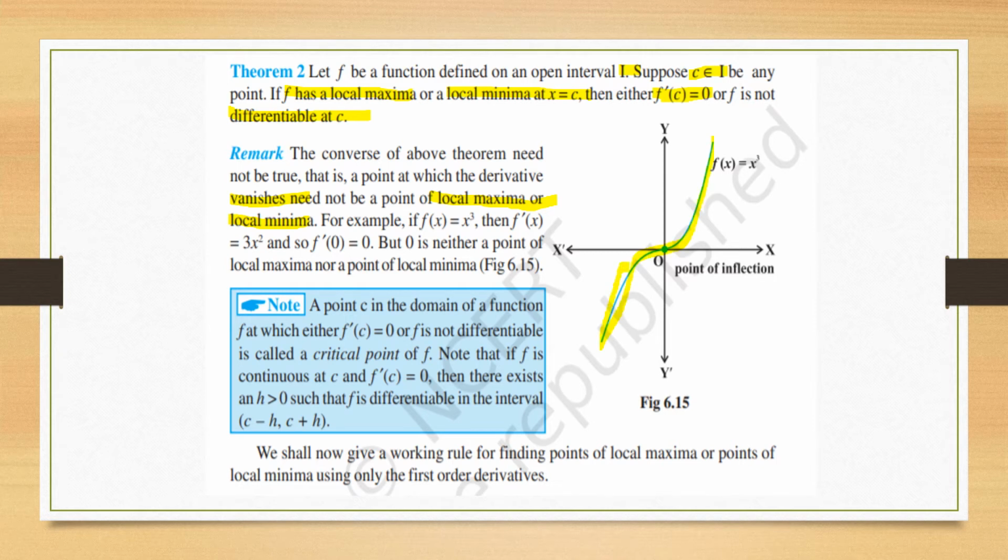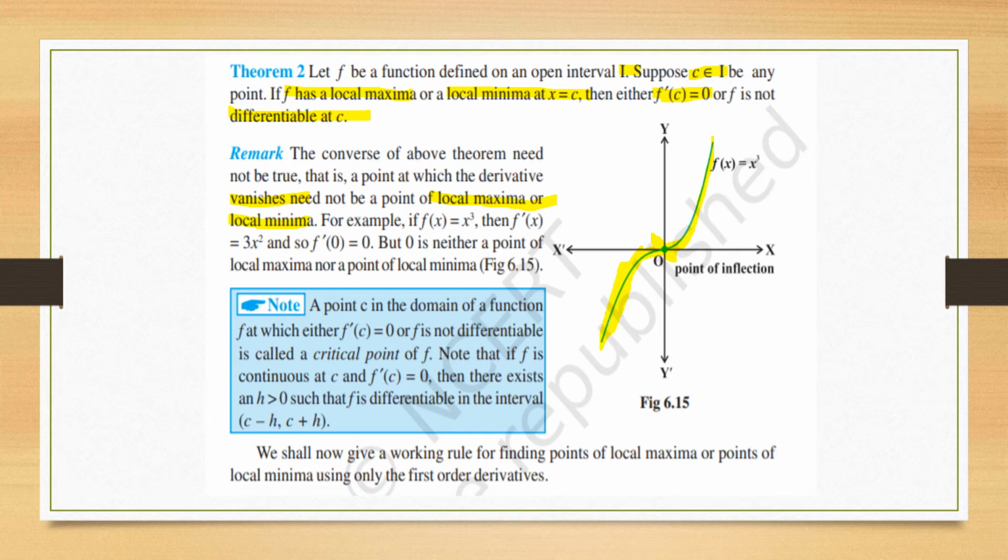So f dash x is 3x square, so f dash 0 is 0, but 0 is here neither a point of local maxima, as you can see from here, nor a point of local minimum. So this point is called a point of inflection, where it is neither a point of maxima nor minima.